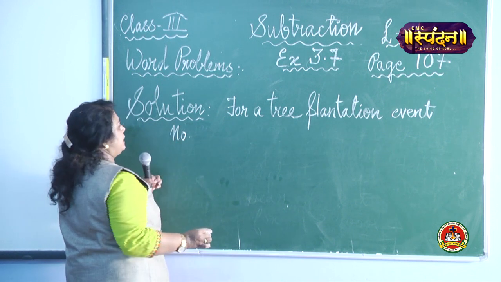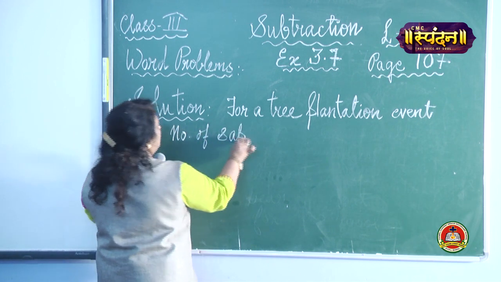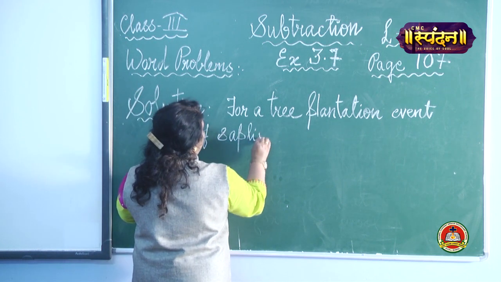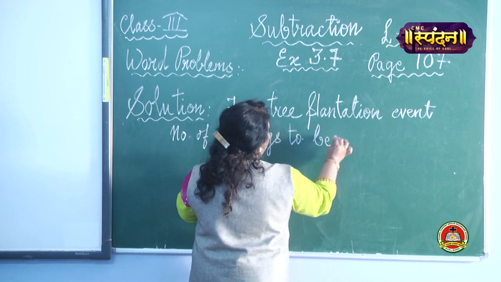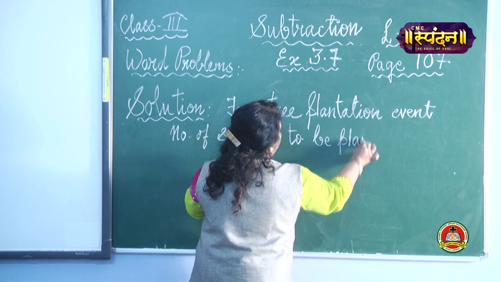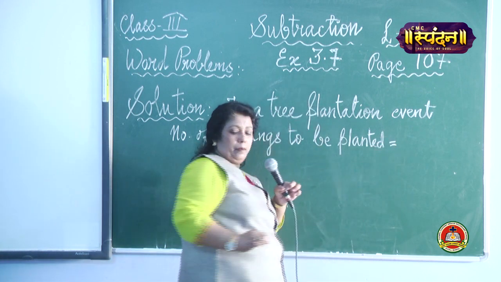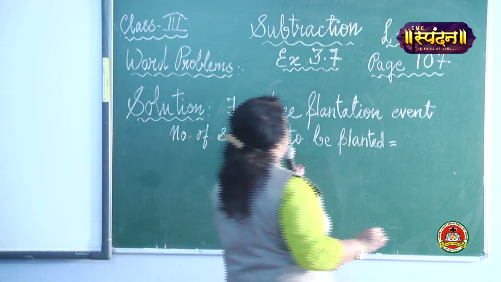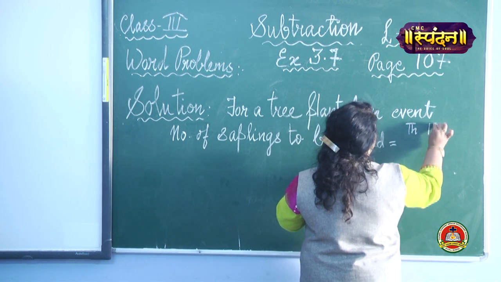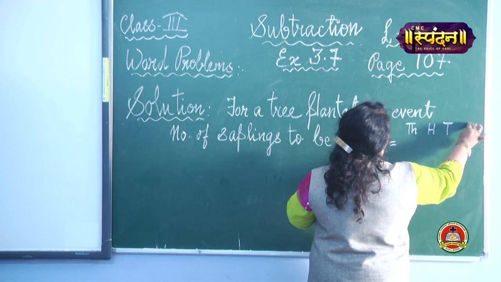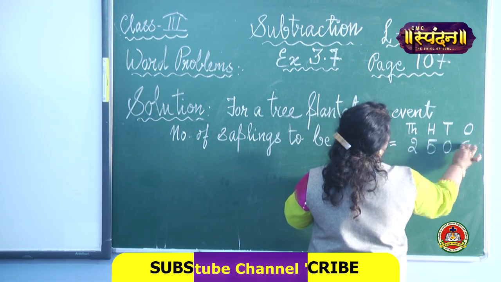Number के लिए we can write like this, number of saplings to be planted is equal to, कितना हमें लगाना था? 2500. Okay, thousands, hundreds, tens, ones. 2500. Right?